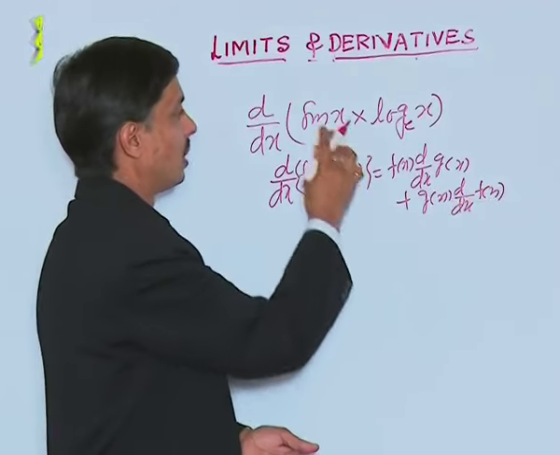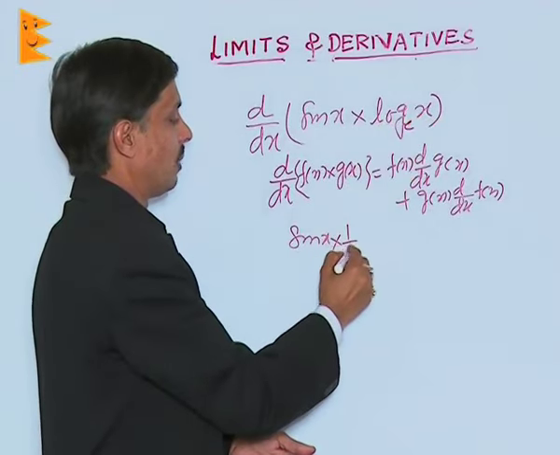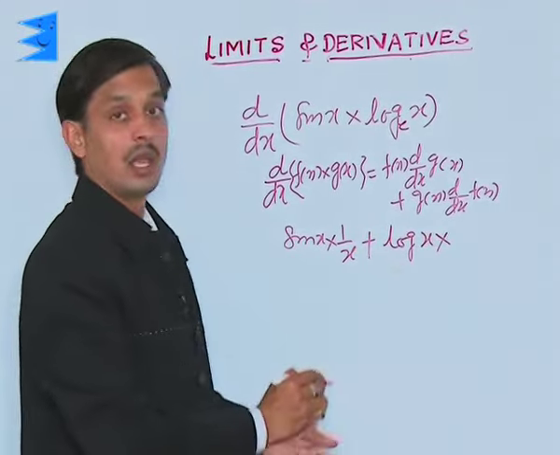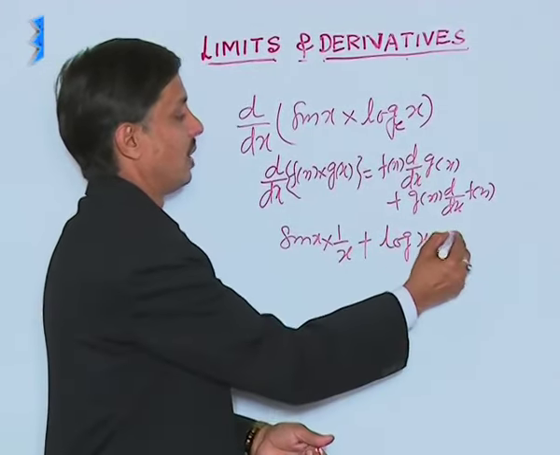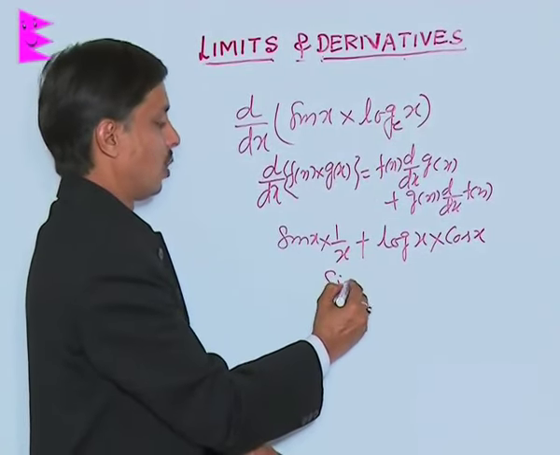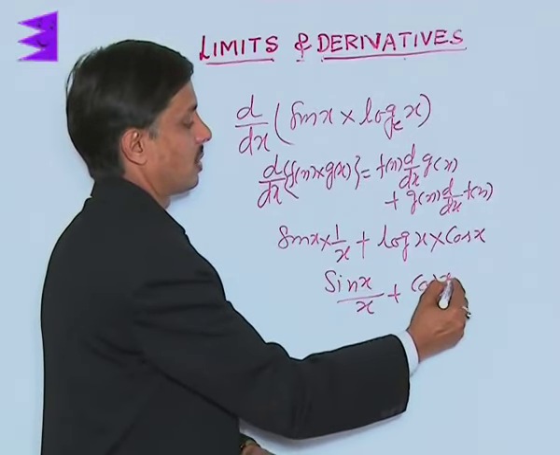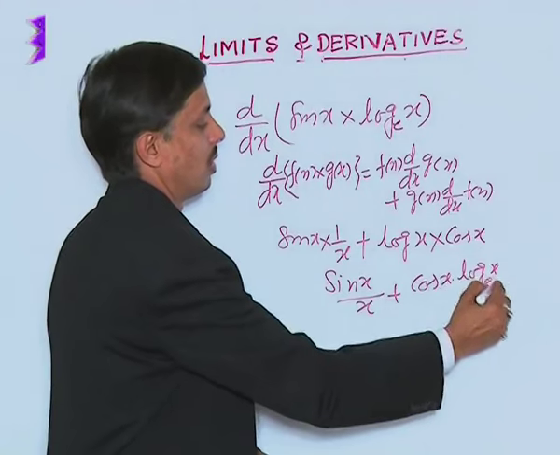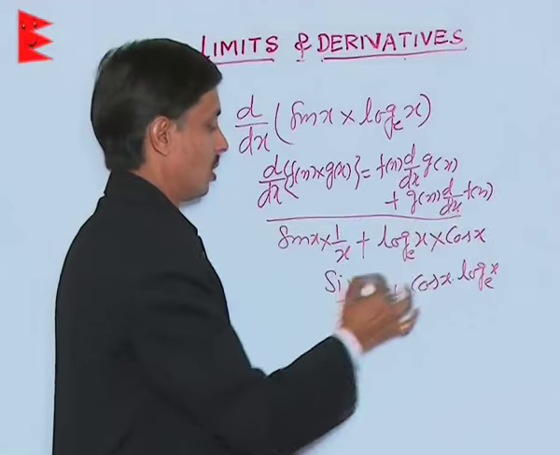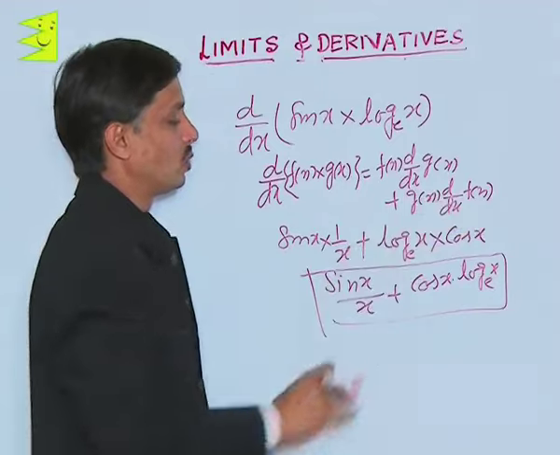So here first is sin x into the derivative of second, log x, whose derivative is 1 upon x, plus second, which is log x, into the derivative of first, sin x, whose derivative is cos x. So the derivative of sin x into log x becomes sin x upon x plus cos x into log x under the base e. This is the answer of the derivative of the required problem by using the product formula.